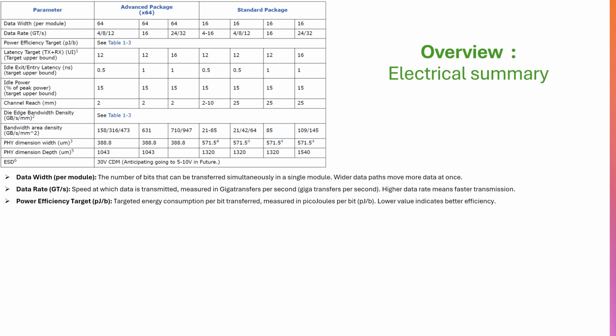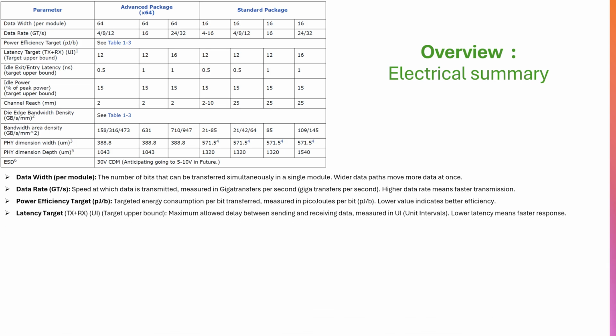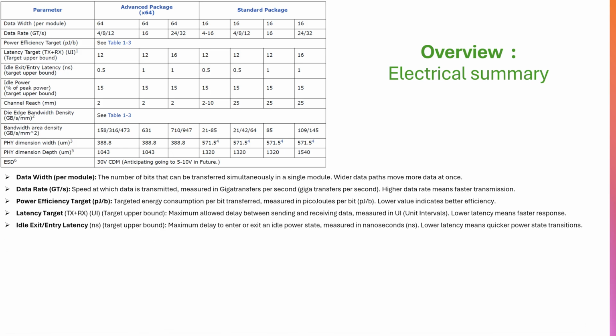A lower value indicates better efficiency. Next, the fourth one is the latency target, the maximum allowed delay between sending and receiving the data. It's also measured in unit intervals. Lower latency means faster response. Latency means simply delay, that's all. It's TX plus RX together.